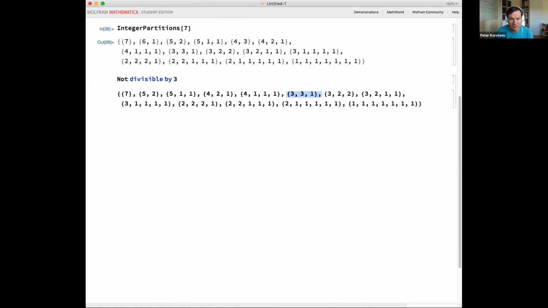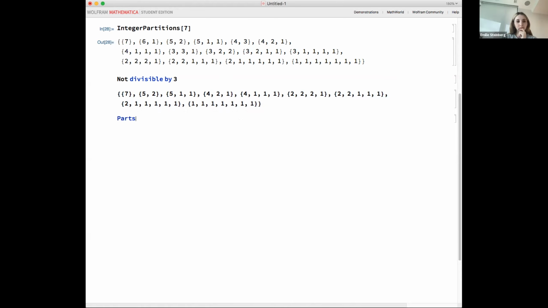So 3's go this way. 3, 2, 2, this is divisible, and the rest looks okay, right? Do you agree? Okay, and then the parts that do not repeat 3 or more times.